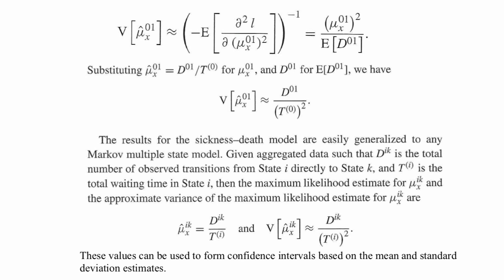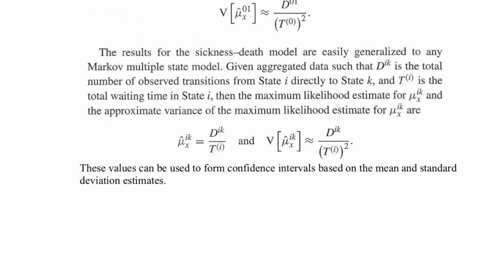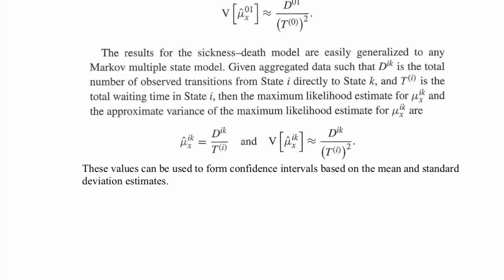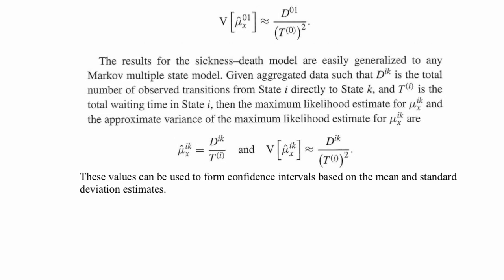We take the estimate of mu_x01 for that parameter, replace it there, and we take d01 to be an estimate of that expected value, and we get the estimate of the variance of mu_01 to be d01 over t0 squared. So just what we had before, d01 over t0 was the estimate of the parameter, and the estimate of the variance resulting from the second derivative is very simple.